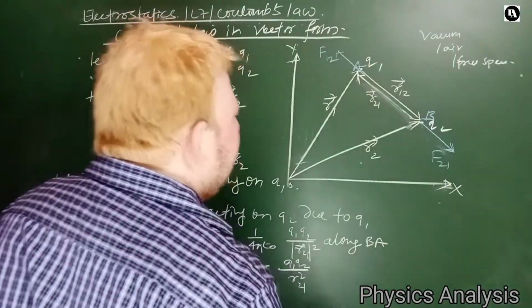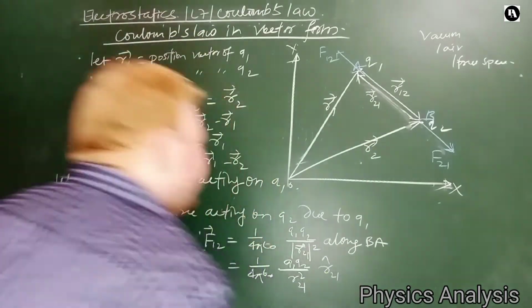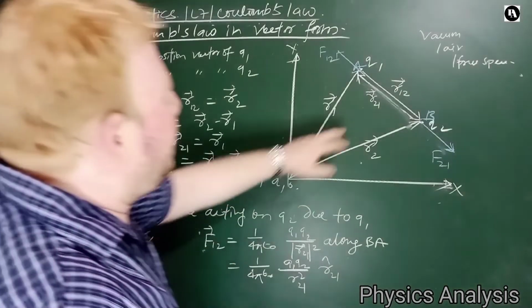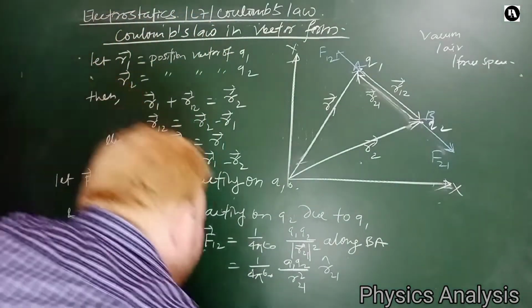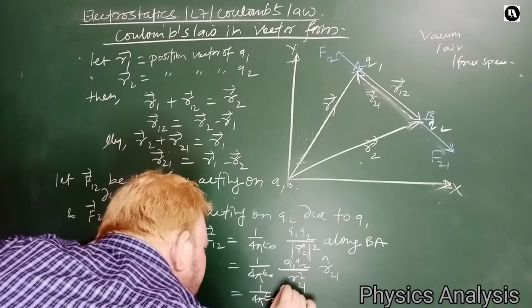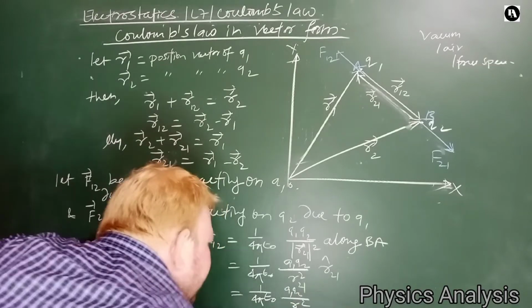So along BA, taking direction R21 cap. Clear everyone? Now for R21, what I can write? 1 upon 4 pi epsilon naught into Q1 into Q2 by R21 square.